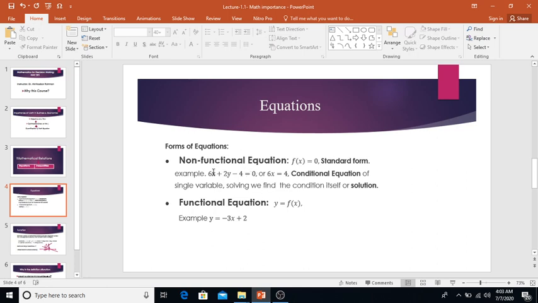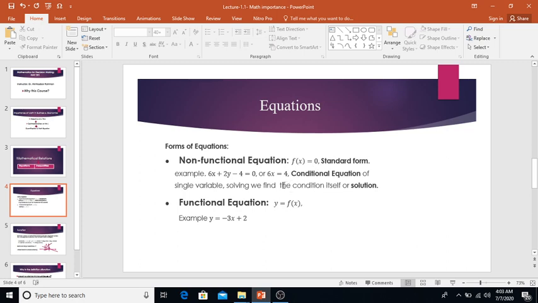This is a standard form equation, but when we see a standard form of equation of single variable, suppose 6x equal to 4, this is called conditional equation of single variable. And why conditional?